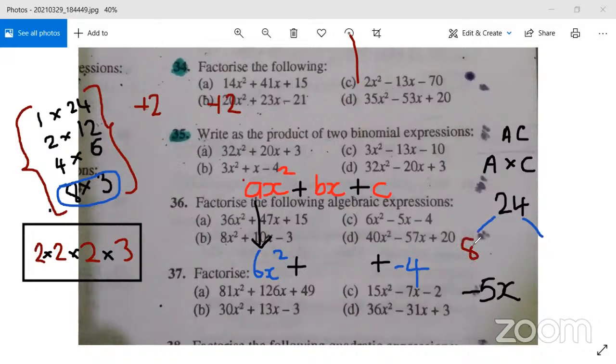We have 8 and we have 3. Now, we can't use 2 pluses and we can't use 2 minuses. You'll either get a positive or a -11, right? So that's definitely not what we want, right?